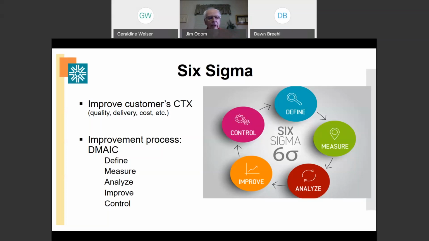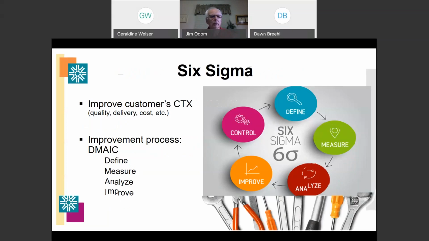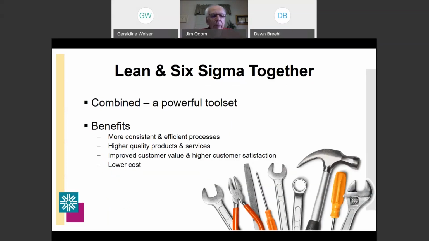Okay, we want to go to the next slide. All right, when we combine Lean and Six Sigma together, we get a very powerful tool set. These tools are, for the most part, at least at the yellow belt and green belt level, not that complex. In fact, they're almost common sense. And when we can combine these, we're going to get a lot of different benefits.